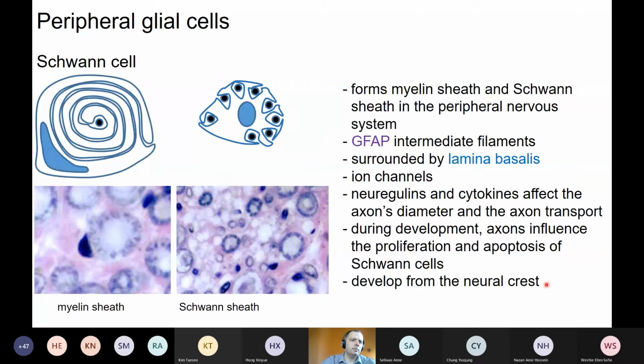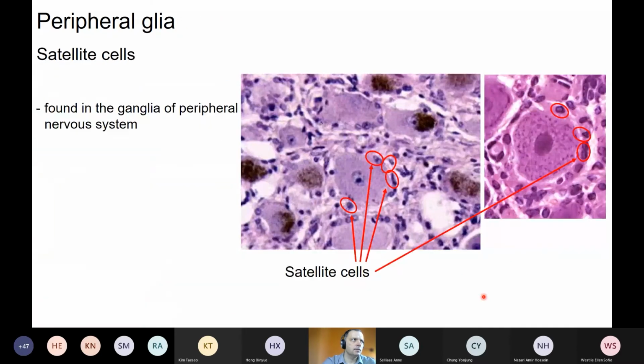Embryologically, you will see that the peripheral nervous system is derived almost completely from the neural crest. This was also true for the Schwann cells. Satellite cell is the other type of the peripheral glial cells. You remember this is something that we met in the ganglia.